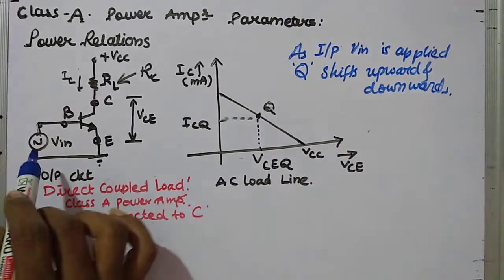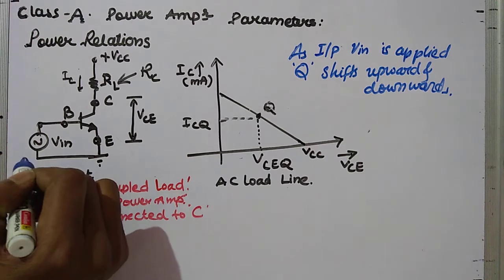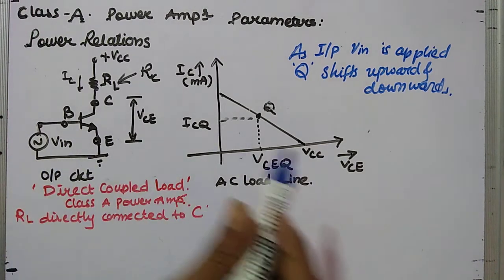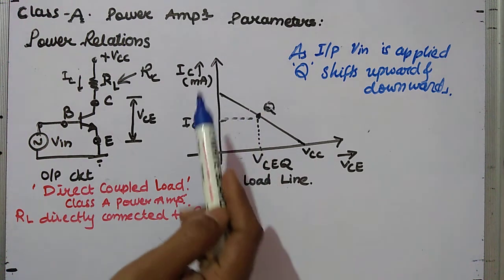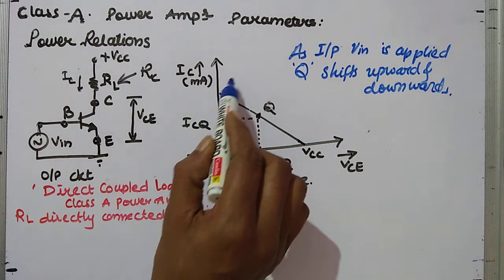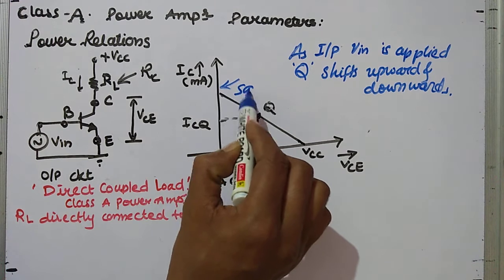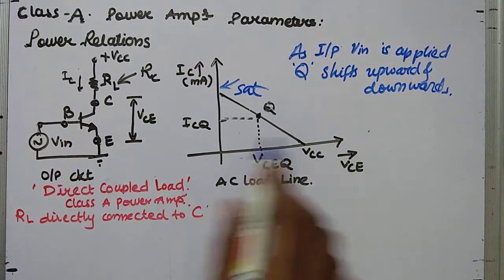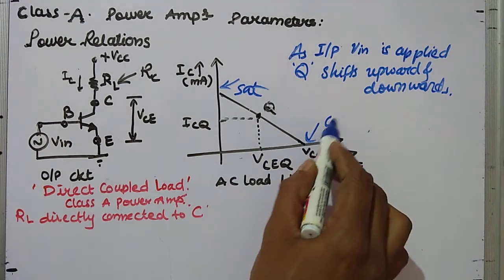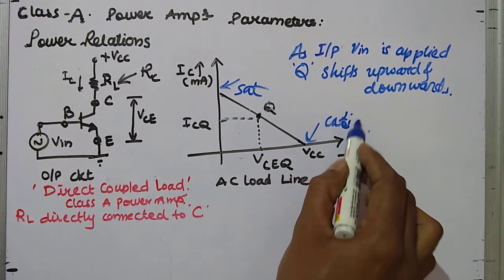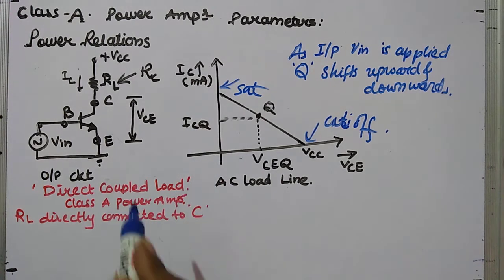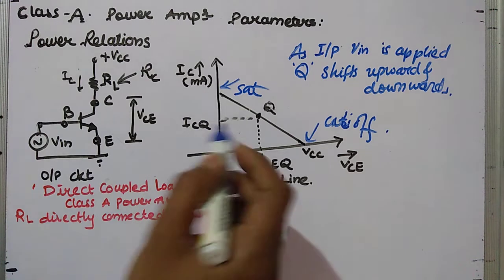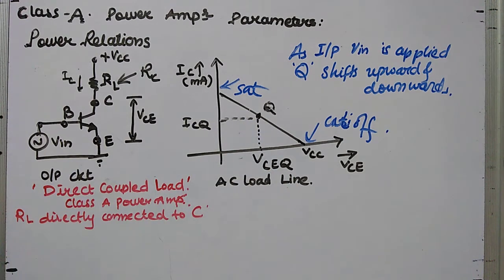As soon as we gave the input, our Q point, according to the variations of this AC signal, will move toward saturation. So here we have the saturation region and here we have the cutoff region. So our Q point will shift upwards and downwards from saturation to the cutoff point from its center position.